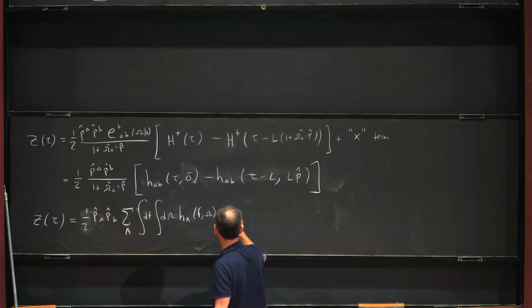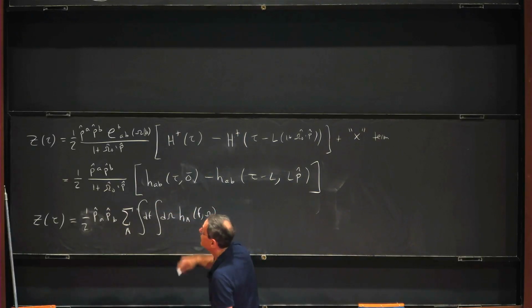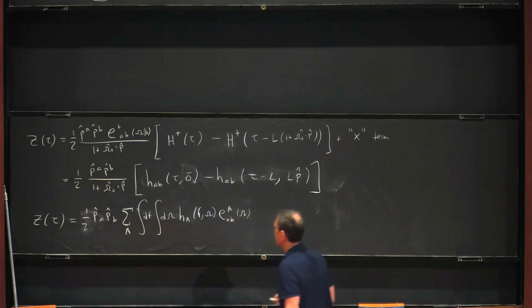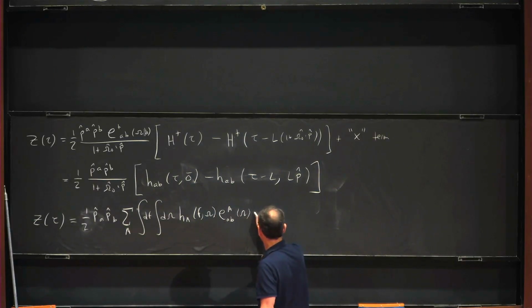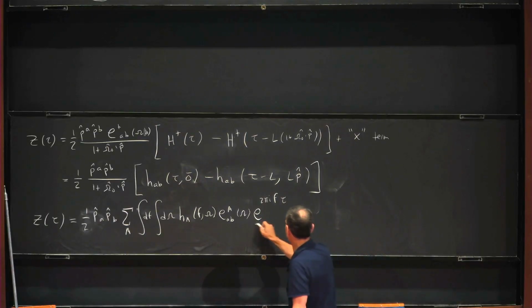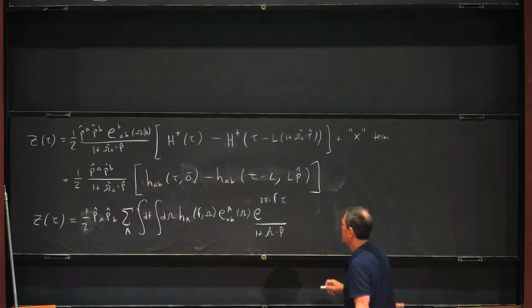Then there's going to be the effects of integration. So I guess I'll write the e_AB here. It's going to be an e to the 2 pi i f tau. There's going to be a 1 plus omega hat dot p in the denominator.